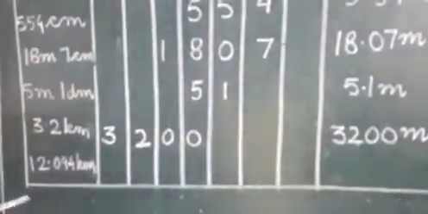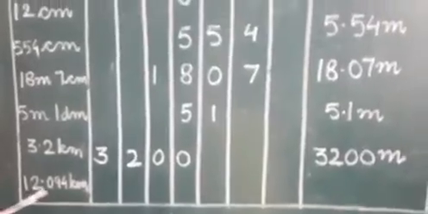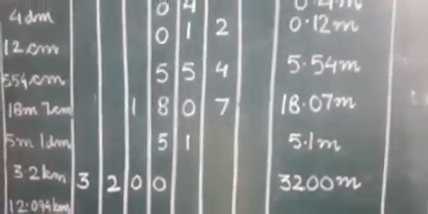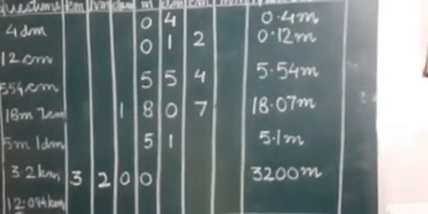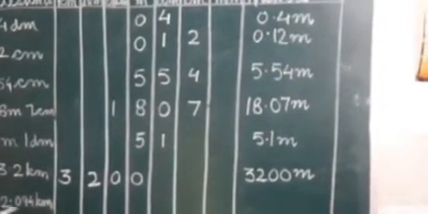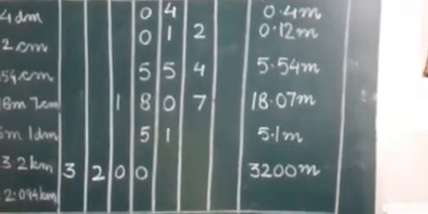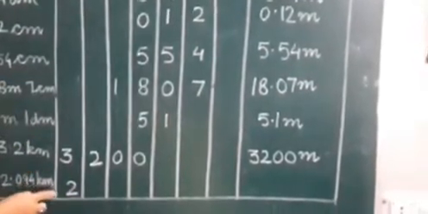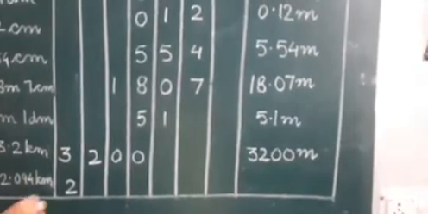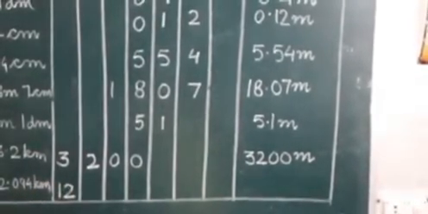Coming to the next number, here we have 12.094 kilometer. Now here the unit is kilometer and the number before the point is 12. So here 12 will come under the kilometer column. But here we can write only 2. Then where will 1 go? Since we have no other column before kilometers, the complete number will be written over here only.